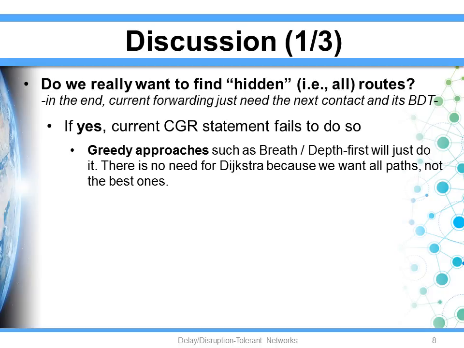So greedy algorithms can be more efficient if you want to find every route in a contact graph, because you don't need to run Dijkstra several times. I'm going to show a few results on this in the next slides. But it is important to know that if we want to find all paths to our given destination in a graph, then Dijkstra makes some sense. Dijkstra is good to find the best path in a graph.